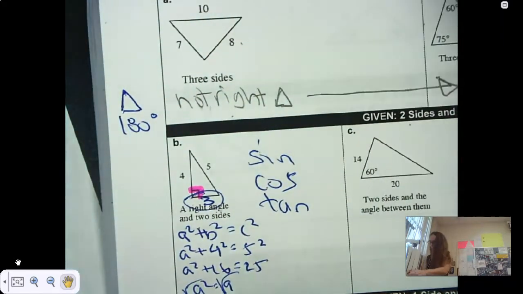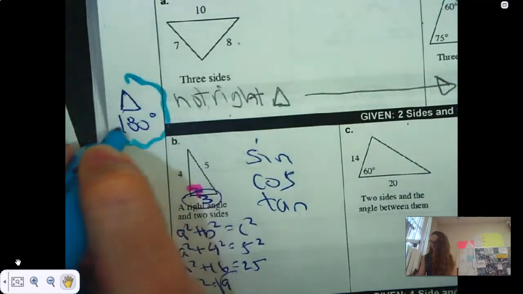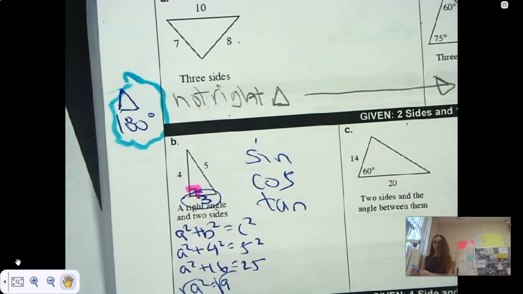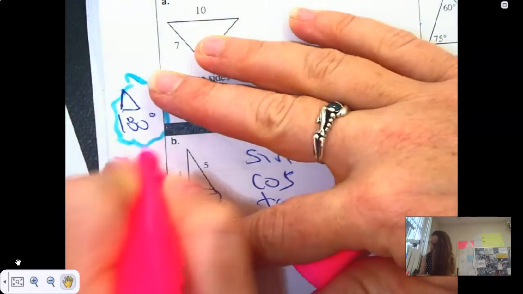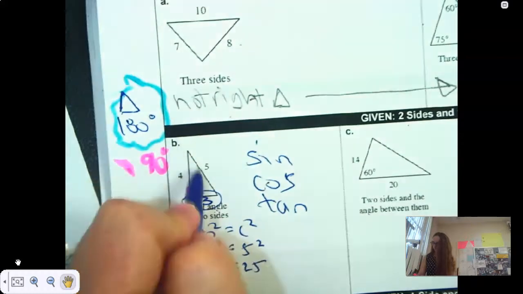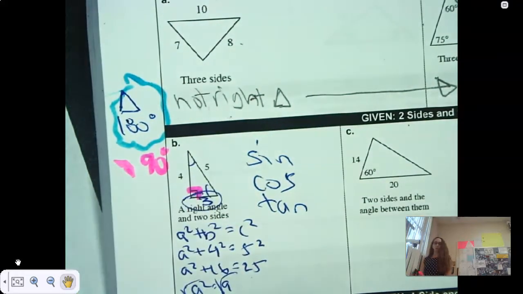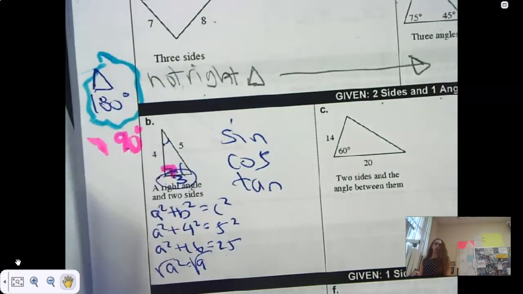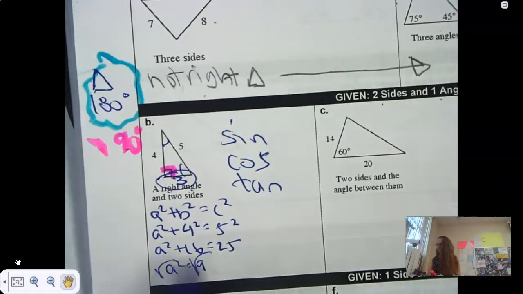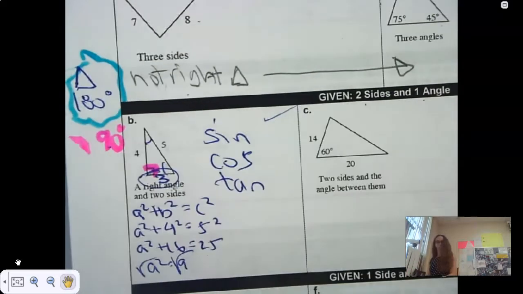Let me move this over so you can see that. So don't forget that. So that means that if this is 90 degrees, that means this one plus this one is also 90 degrees. So really, you only have to find one of the angles, and once you do that, subtract it from 90 and you can get the other ones. So yeah, you can find everything, so that one's good.